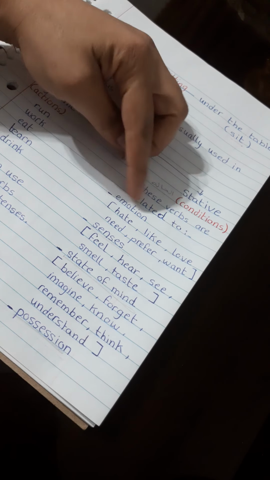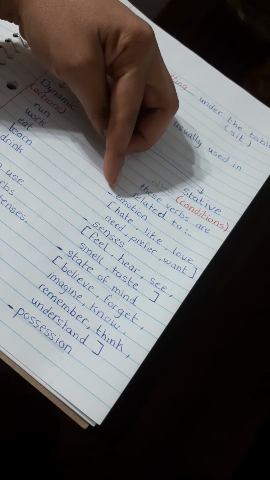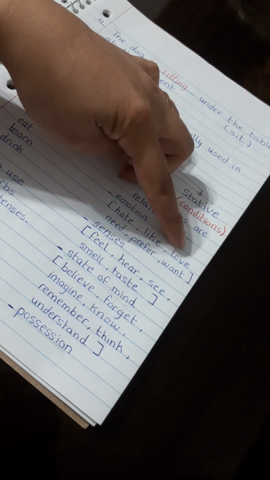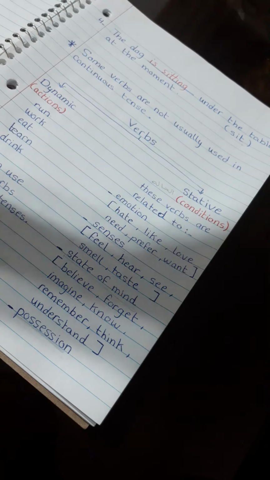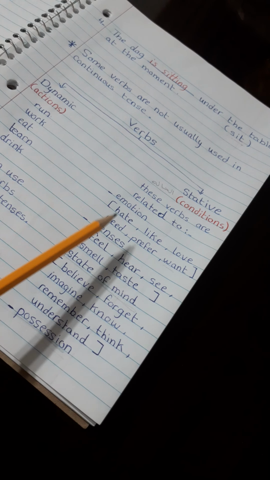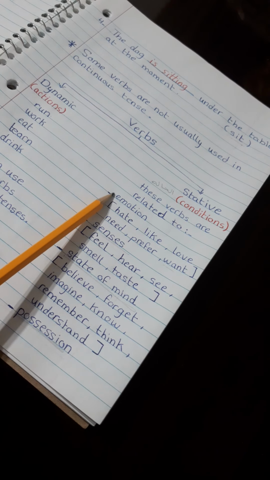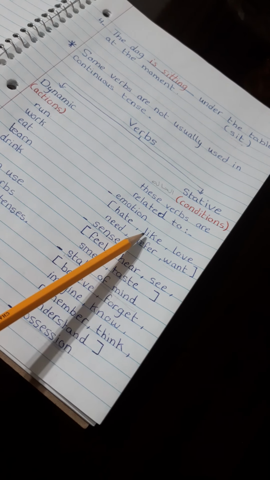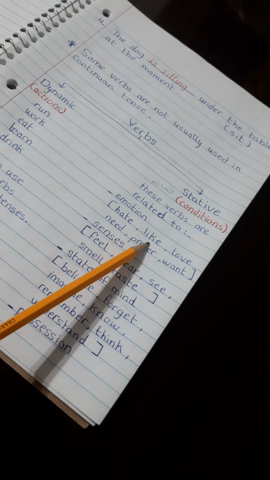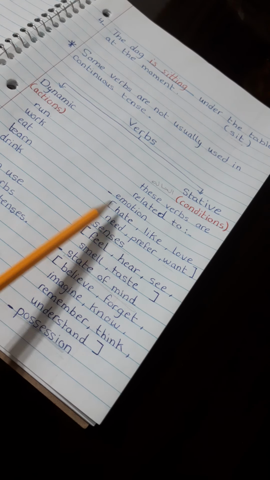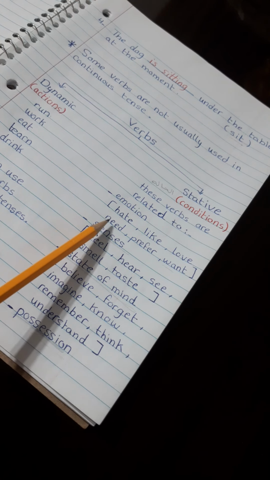These verbs are related to number 1 emotion. Okay, we have hate, like, love, need, prefer, want. These verbs are related to our emotions, so we cannot add ing to these verbs. I am liking. No, I like, or I hate, or I love, I need.